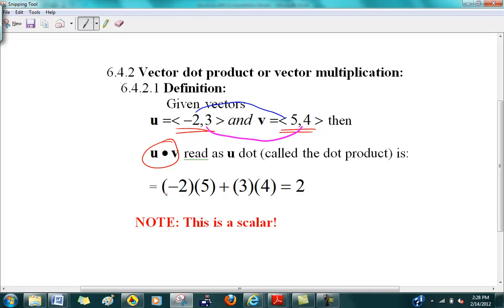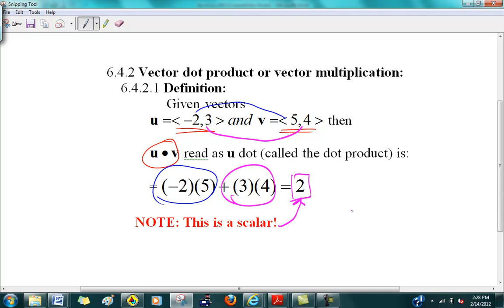So here you can see negative 2 times 5, and you see 3 times 4 right there. That's the product of the x components and the y components, and you add them together, and you get a 2.